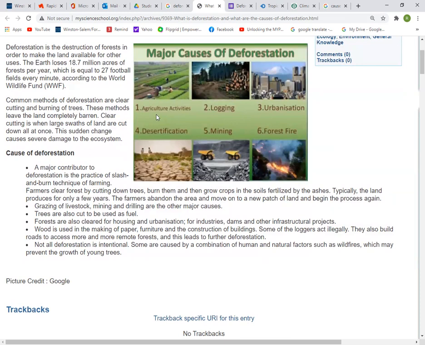Again, agricultural activities, logging, urbanization, desertification, mining, and forest fires. And of course, there are others, but for now, these are the things that are identified here. I did identify the construction of dams in our previous discussion.